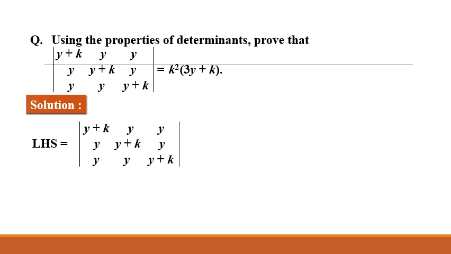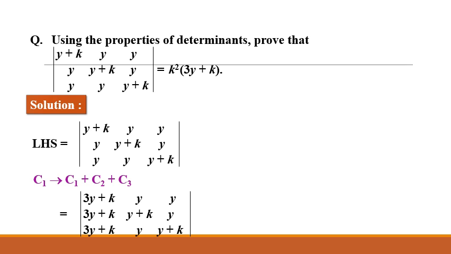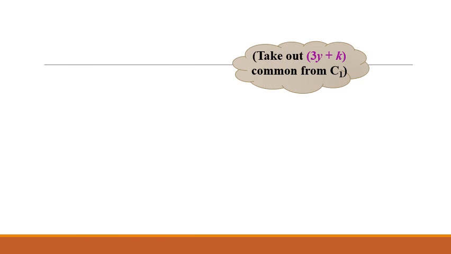So either you can apply row operations or column operations. We will apply the operation C1 implies C1 plus C2 plus C3. So we get 3y plus k, 3y plus k and 3y plus k as the elements of the first column. Next, take out 3y plus k common. So we get 1, 1, 1 in the first column.